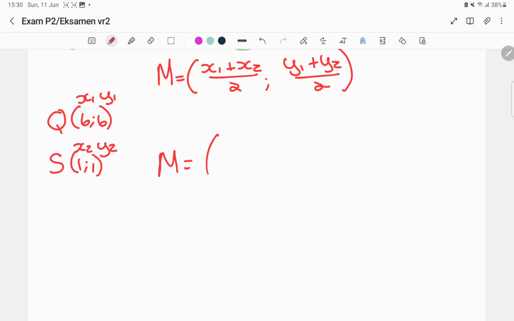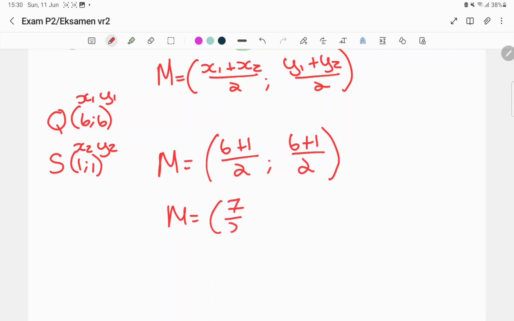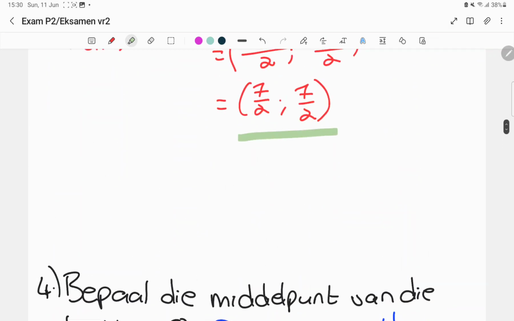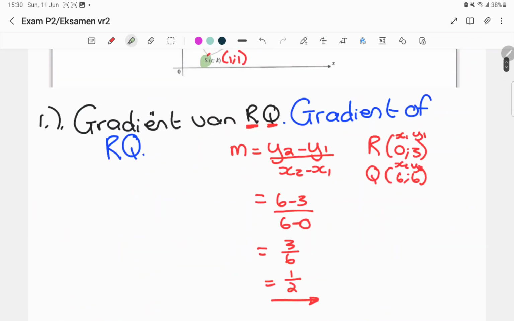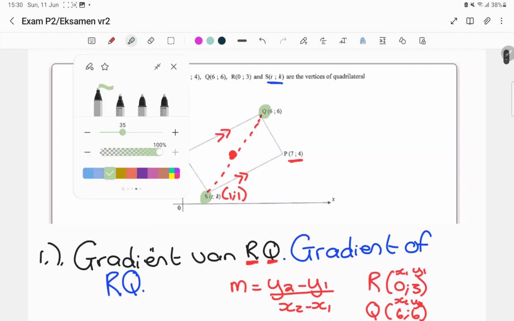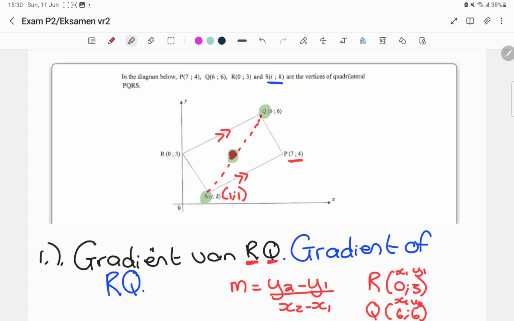So if we substitute that in, it will be 6 plus 1 over 2, and I also have 6 plus 1 for my y values divided by 2. So this will give me a midpoint of 7 over 2, 7 over 2. Alright, interesting thing to note is this midpoint and this midpoint of RP, which will be also somewhere here, is exactly the same.